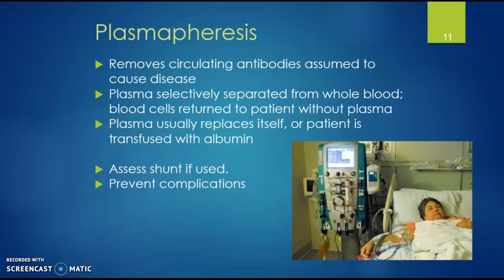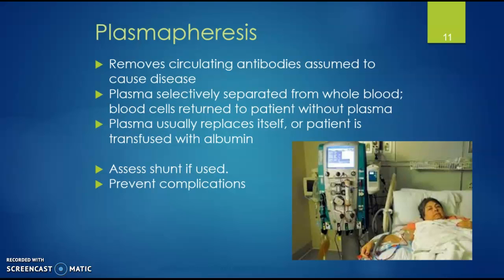Plasmapheresis, which we talked about already, helps remove circulating antibodies that are assumed to be causing this disease. Plasma is selectively separated from the whole blood, and the blood cells are returned to the patient without the plasma. The plasma usually replaces itself, or sometimes the patient may be transfused with albumin.